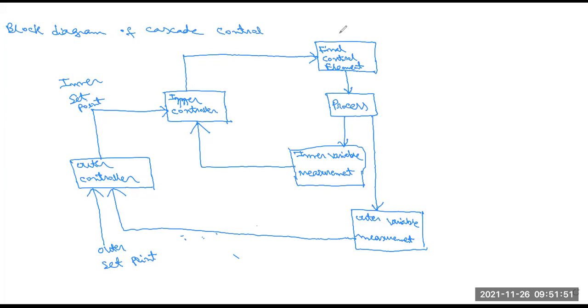Here you can see the process or plant which is connected across the outer variable measurement block, and this block is connected to the outer controller part. So this is the feedback loop which is connected in closed loop connections, and the inner controller part is also connected with the feedback loop. These are the inner variable measurement systems.